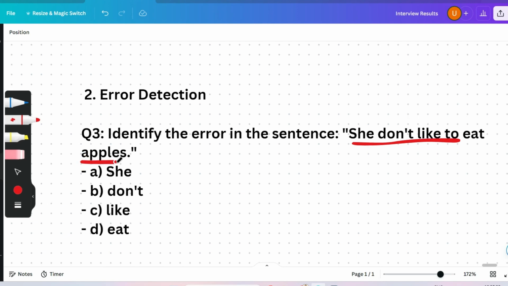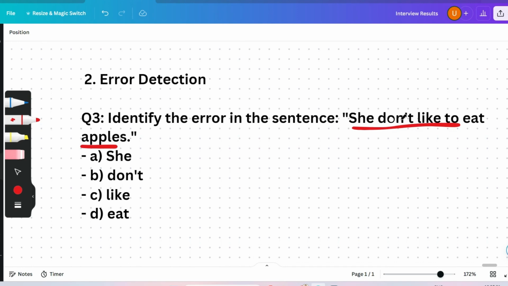So in this case the correct answer will be: she don't like to eat apples. In this case the fault is here. Why? Because when we are using third person singular number, that is he or she, or one person like Ram or Sam or Madhu or Rahim, one person, then we have to use does.